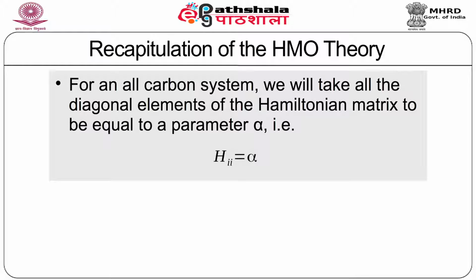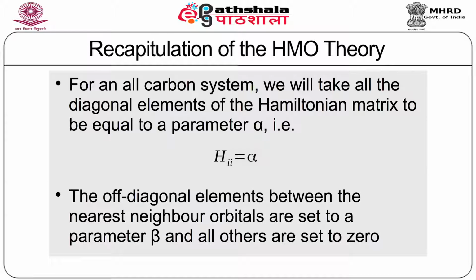And for an all carbon system, we take all the diagonal elements of the Hamiltonian matrix to be equal to a parameter alpha, that is H_ii equals alpha, and the off-diagonal elements between the nearest neighbor orbitals are set to a parameter beta, and all others are set to 0.